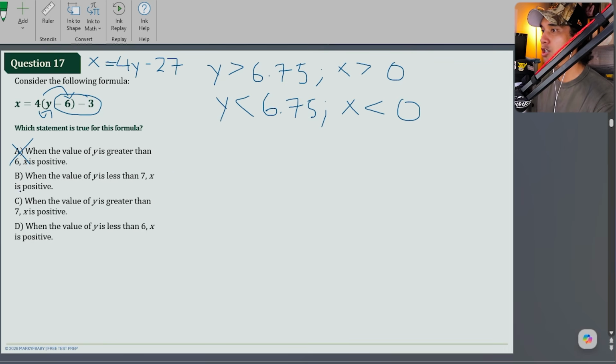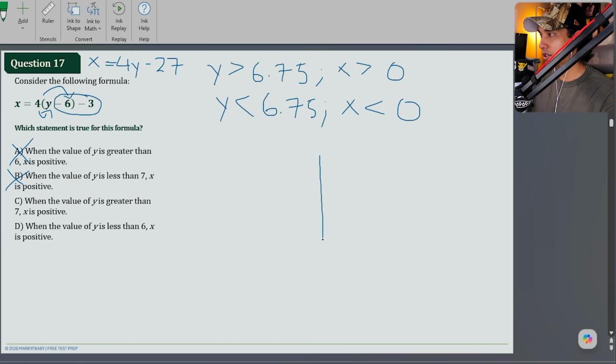So this is partially true because 6.75 to 7 yields positive values. However, anything below that gives us negative values, okay? So therefore, B is incorrect, okay?